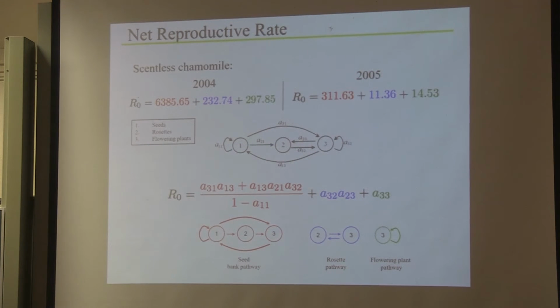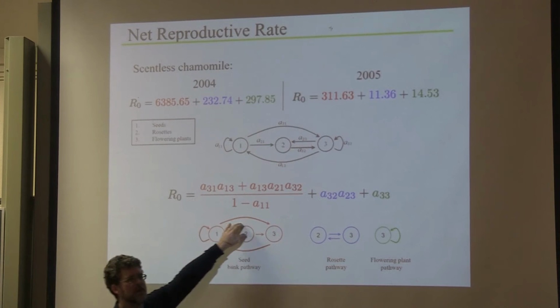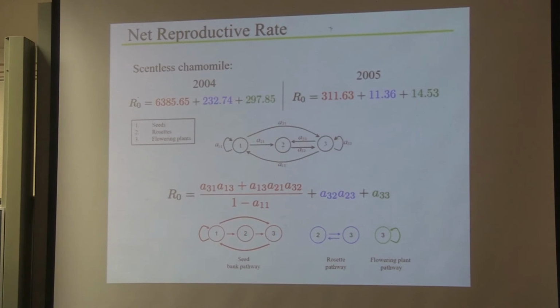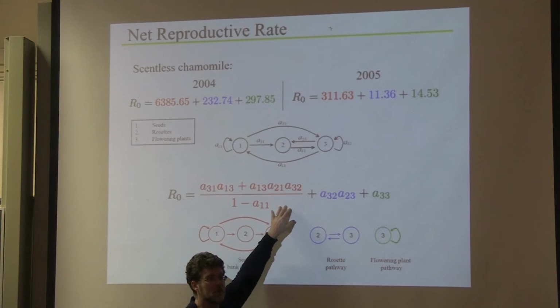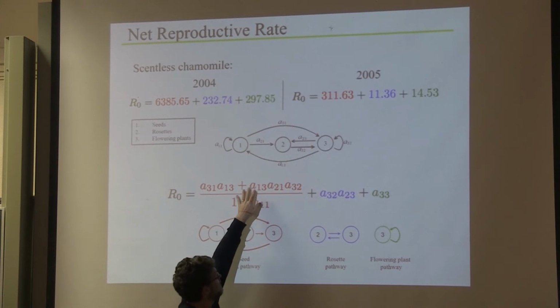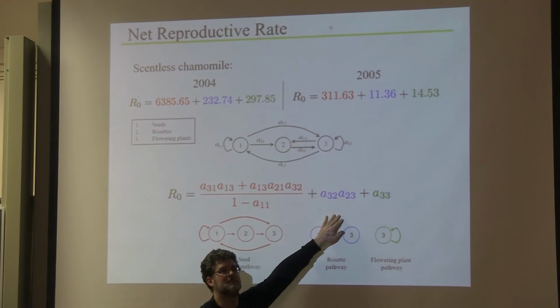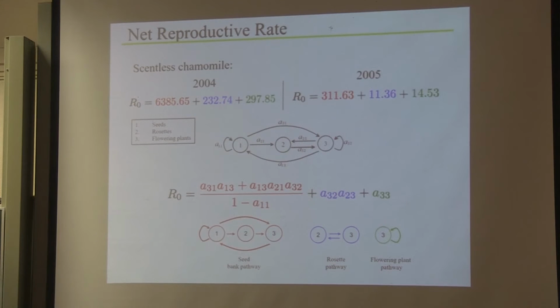And from the analysis, we actually gain insight into what's driving R naught for any particular weed. So if Dave wanted to use this for Scentless Chamomile locally, there'd still be these coefficients, but he would have different values that he could just plug straight in.